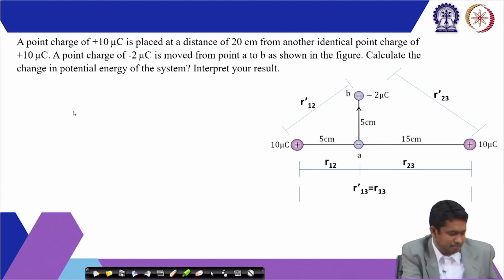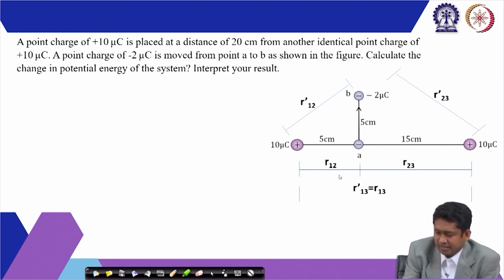Now, to do this, we need to designate some distances here. So, let's call these points 1, 2 and 3, and the distance from point 1 to point 2 is R12, point 2 to point 3 is R23, and point 1 to 3 is R13.